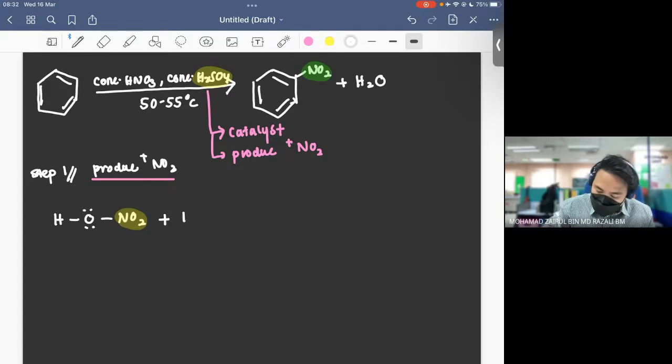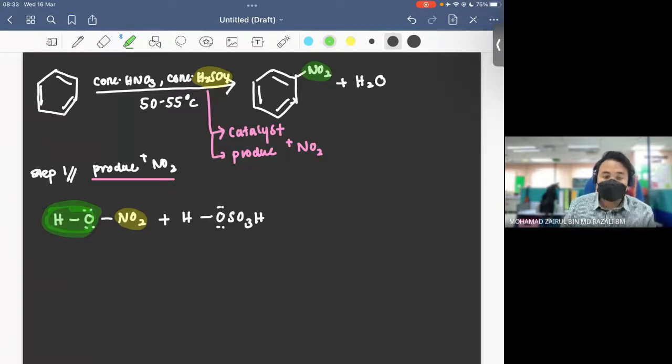So sulfuric acid, kalau saya tukarkan dia punya structure. Okay, so this is the structure of sulfuric acid. So sekarang ini kita nak improvekan. So kita nak tukarkan OH ini kepada a better leaving group. So OH nak jadi better leaving group senang je, awak tambah je hidrogen. So kita boleh tambah hydrogen daripada sulfuric acid.